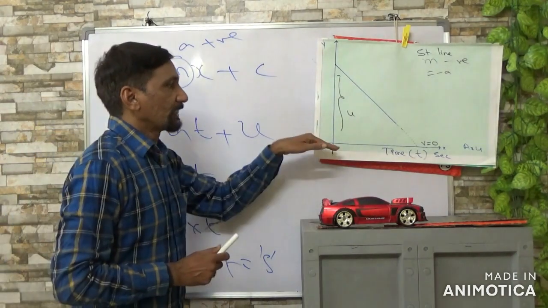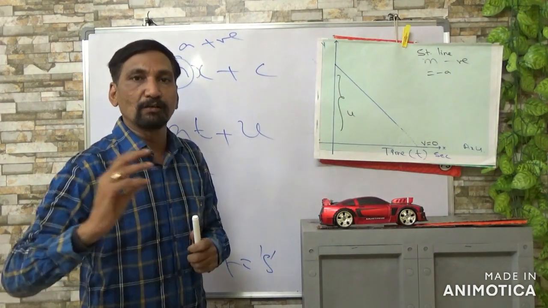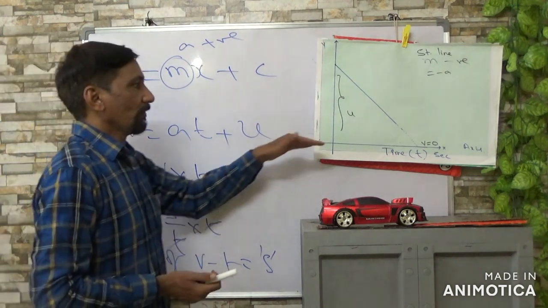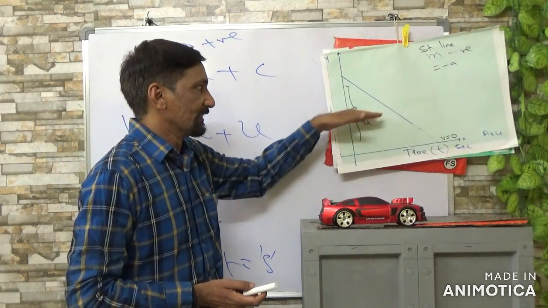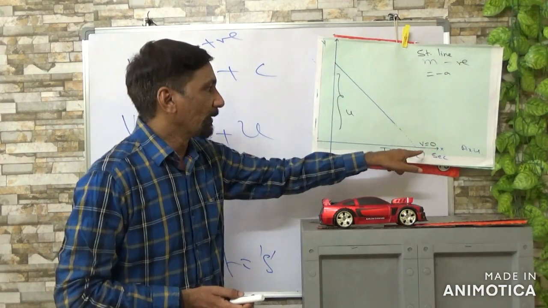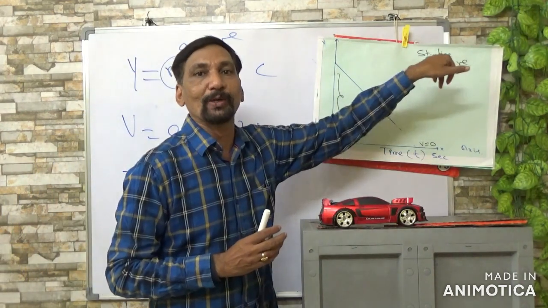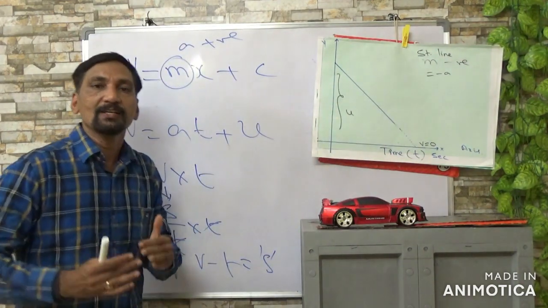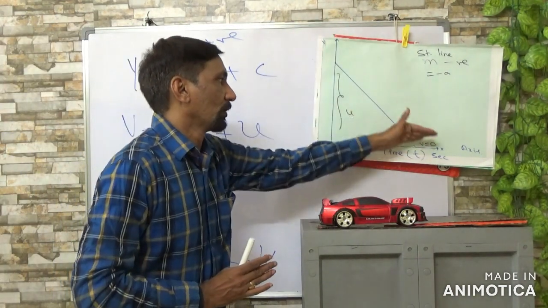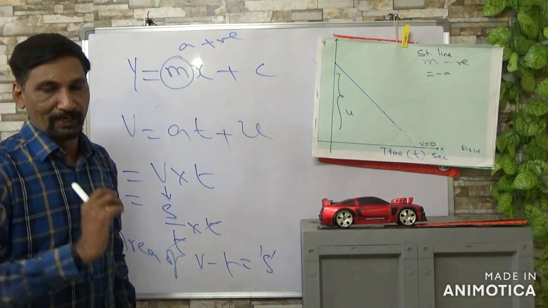So whenever time is taken along x-axis, velocity along y-axis, for a vertically projected body, velocity of the body decreases and becomes zero. So you can say negative slope, negative acceleration, nothing but you can say deceleration, because velocity of the body goes on decreasing.